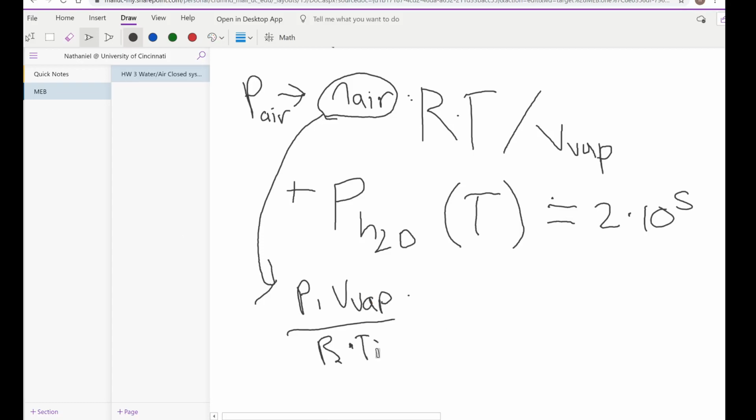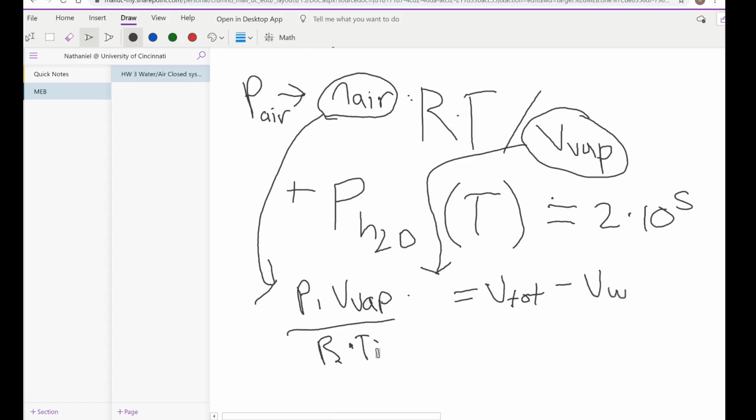And we know that the volume in the vapor phase has to be equal to the total volume minus the volume of water, because the volume taken up is water and air.